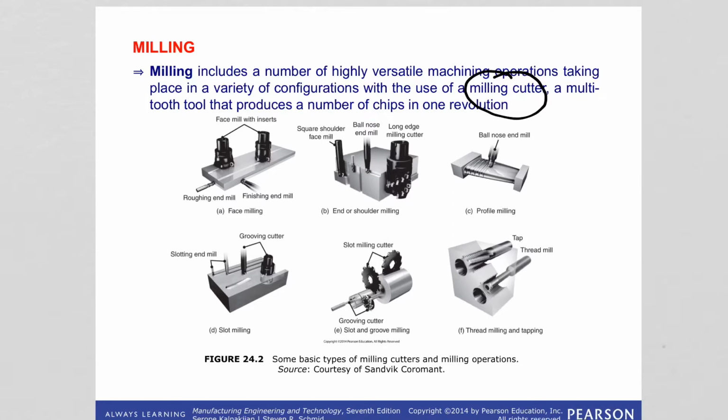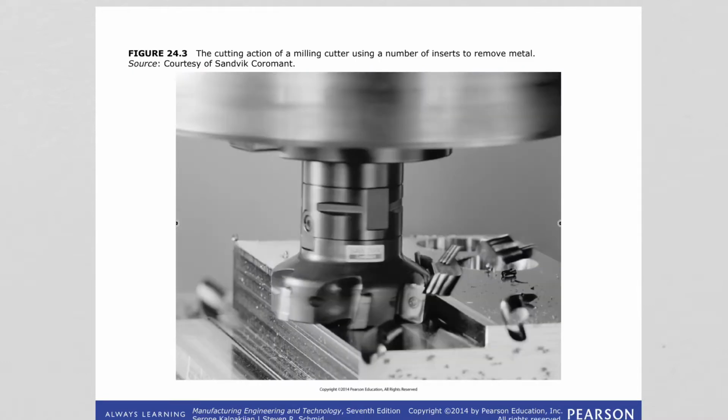And remember to watch the videos also, because this way you can visually see the process. Here in this image you can see the cutting action of a milling cutter, and you are seeing that multiple tooth cutter that removes the material and generates the chip.